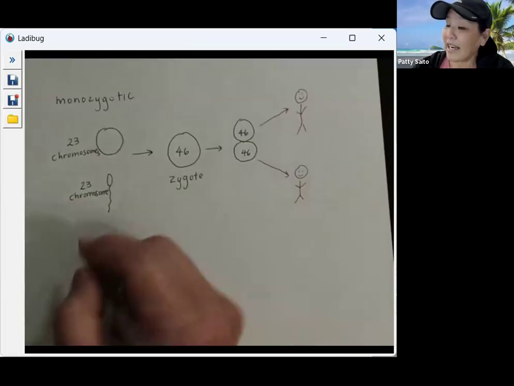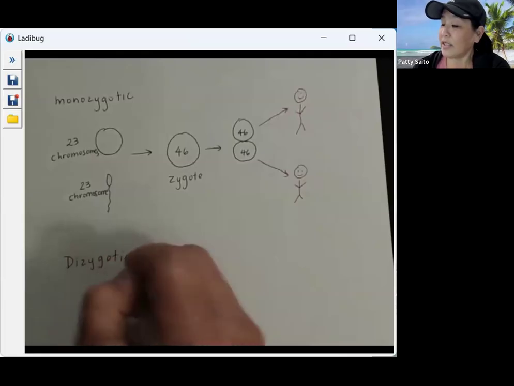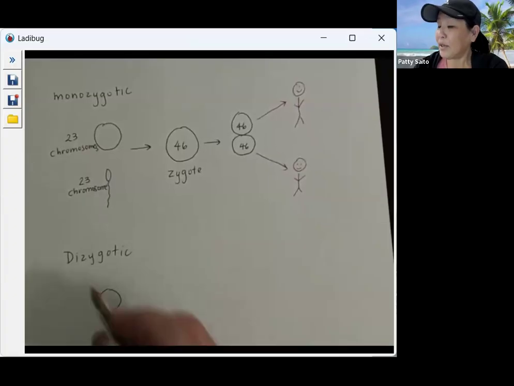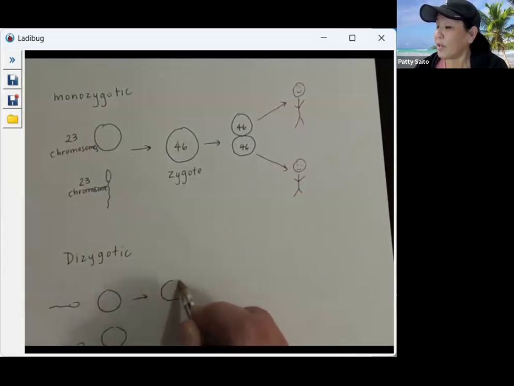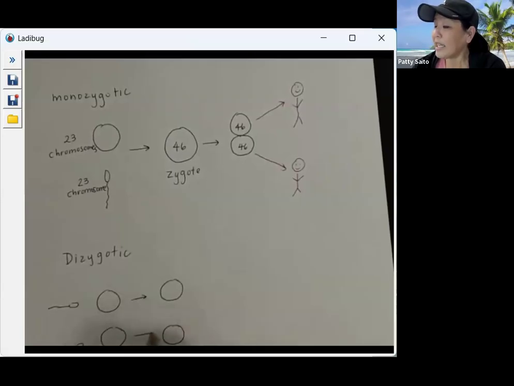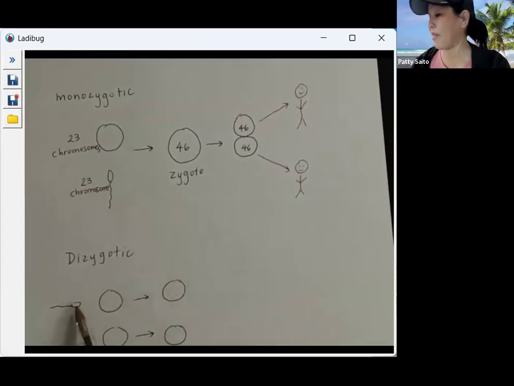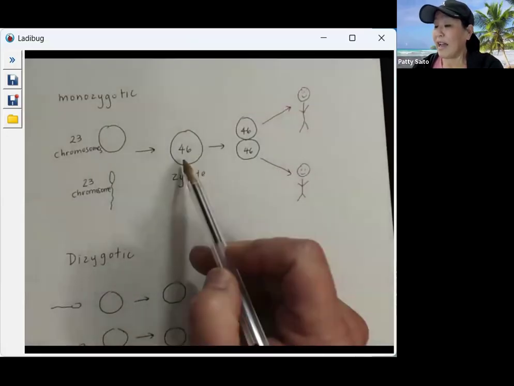Now, in dizygotic individuals, there are two eggs and two separate sperm, and what we get are two zygotes. But genetically, they're different, right? Because this is a different sperm than that, and these are different eggs. So they're not the same here.